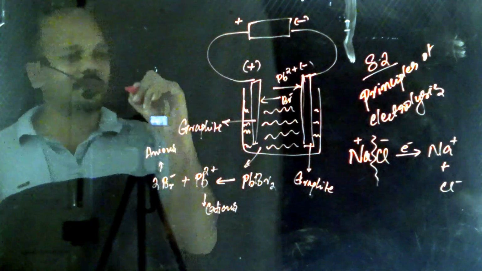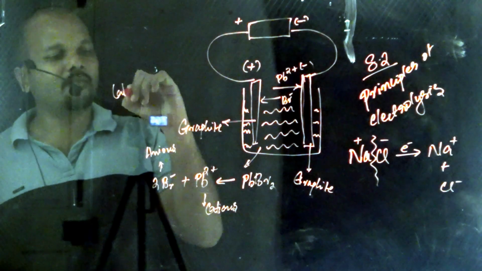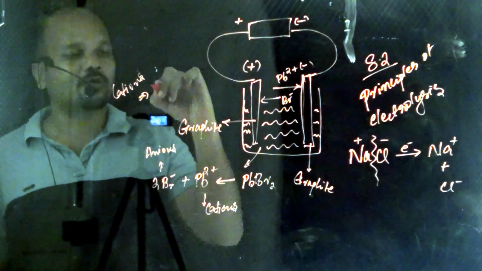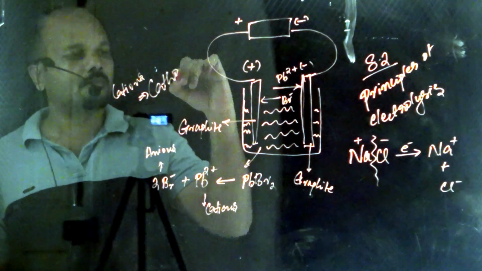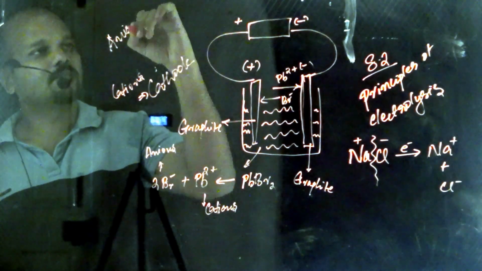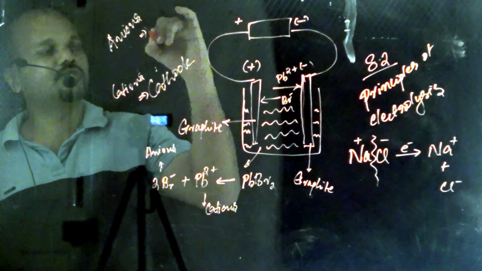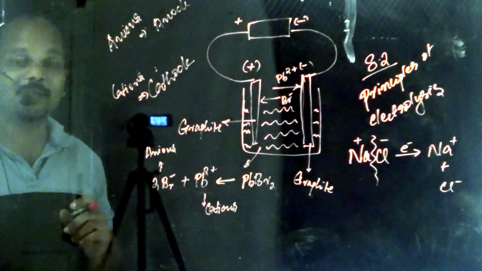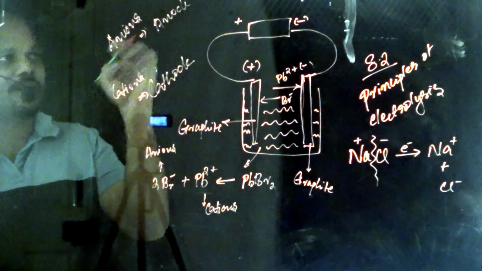Remember one thing: cations move to the cathode, and anions move to the anode. So easily you can remember, cations go to cathode, anions go to anode.